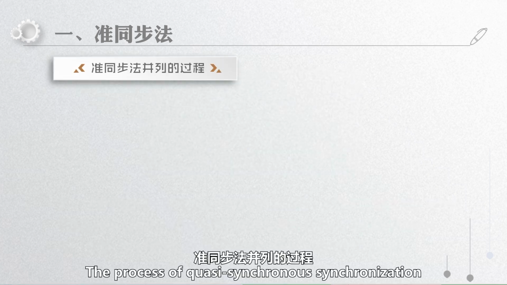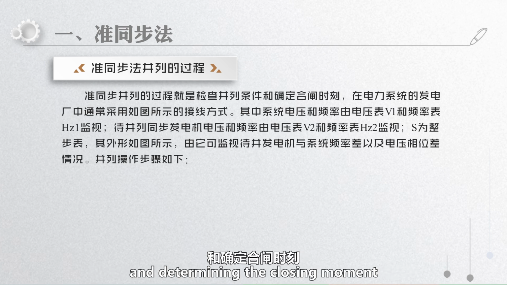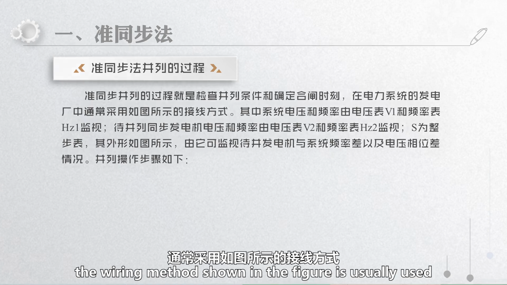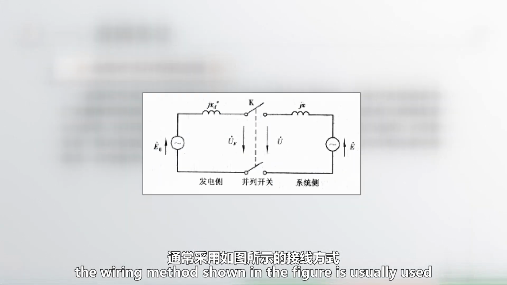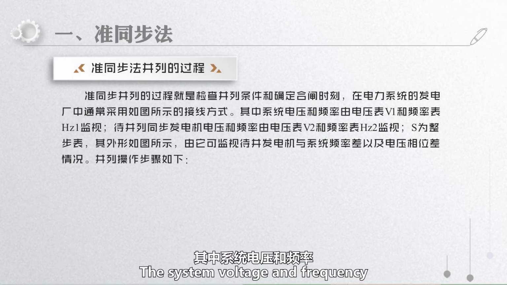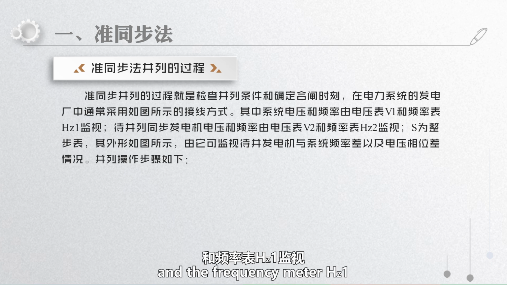The process of quasi-synchronous synchronization involves checking the synchronization conditions and determining the closing moment. In power plants, the lamp method shown in the figure is usually used. The system voltage and frequency are monitored by the voltmeter V1 and the frequency meter HZ1.